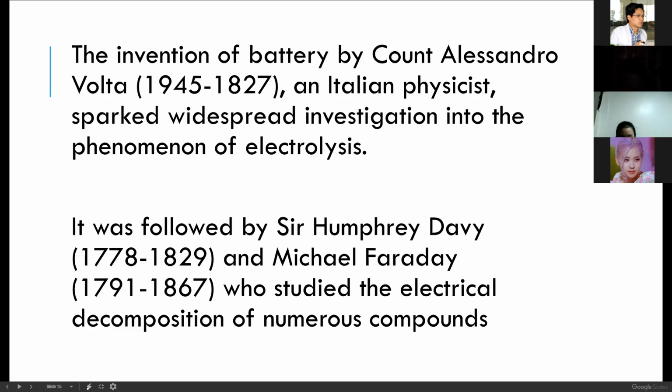He was an Italian physicist who sparked widespread investigation into the phenomenon of electrolysis, the separation by electricity. It was followed by Sir Humphry Davy, around 1778 to 1829, and Michael Faraday, around 1791 to 1867, who studied the electrical decomposition of numerous compounds.